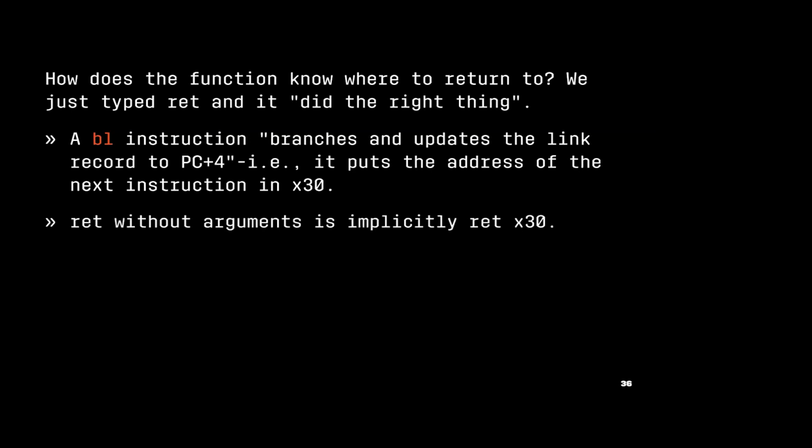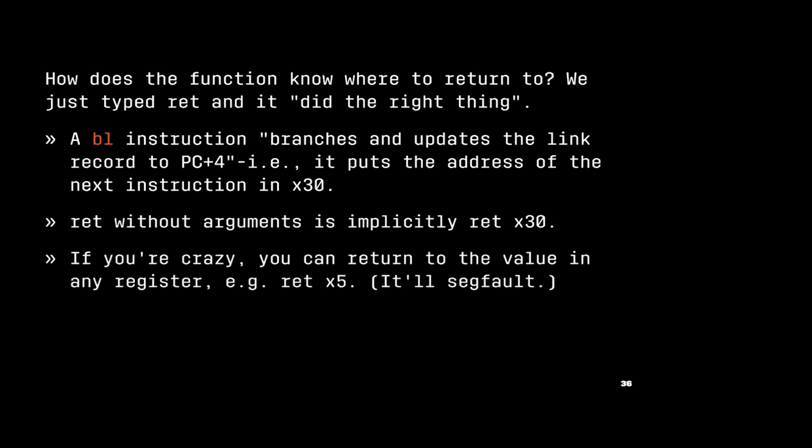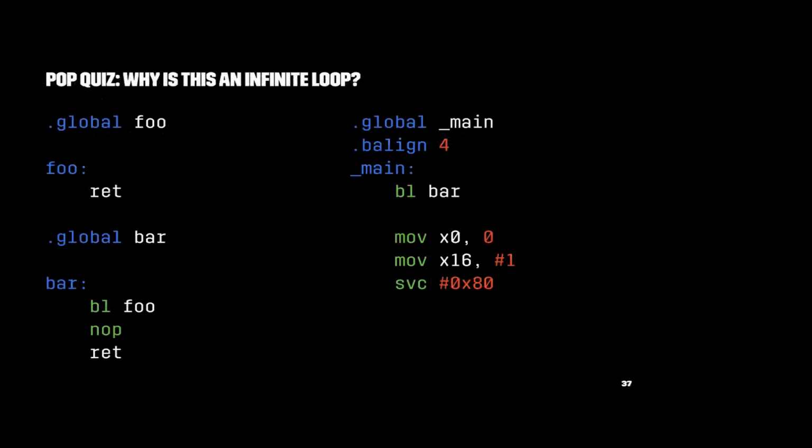If you call read without any arguments, that always means return to x30, which is the program counter +4 from before you called it. If you're actually insane, you can return to any number in any register, but most of the time it'll just segfault. And here's the next quiz: why is this an infinite loop?